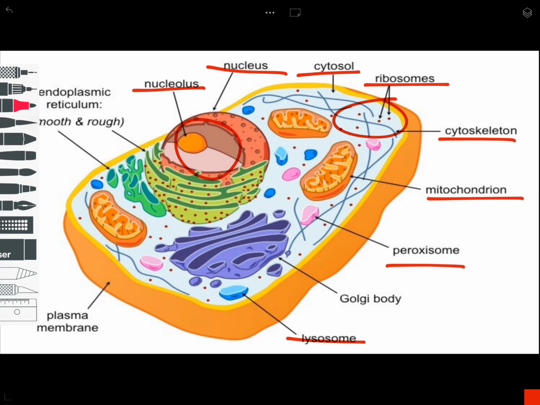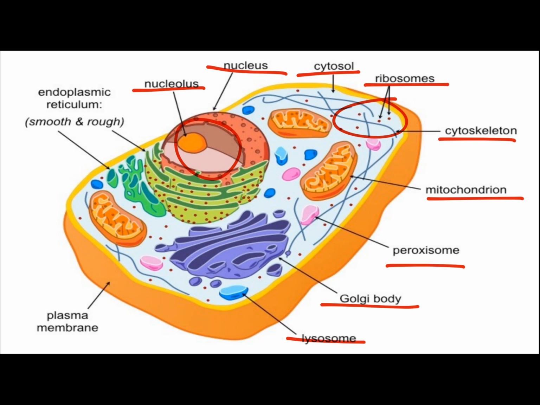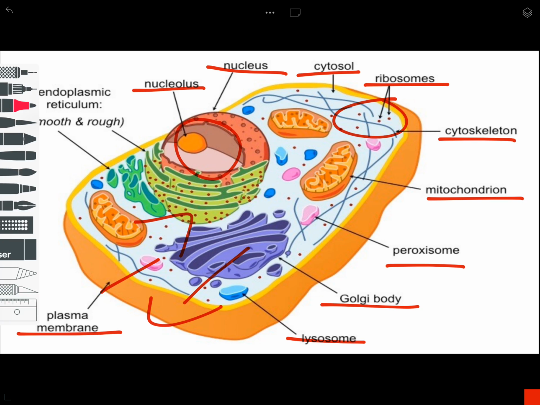Mitochondria, peroxisomes, and lysosomes are all membrane-bound organelles, so you can say that eukaryote cells have membrane-bound organelles, unlike the prokaryote one. They also have a Golgi body. They have a plasma membrane to allow molecules to diffuse in and out of the cell. They also have an endoplasmic reticulum.